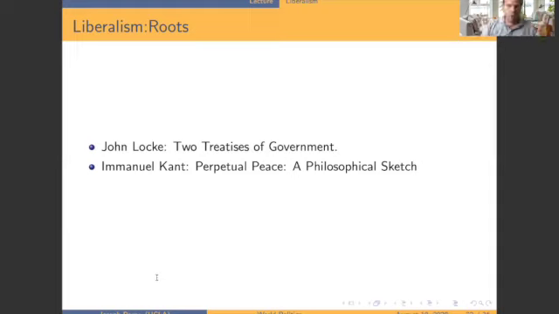The second route that is important to IR theory, at least in this truncated explanation of liberalism, is Immanuel Kant, his work, Perpetual Peace, a Philosophical Sketch. Kant points out that there is a disconnect between the interest of the monarch and the interest of his subjects.